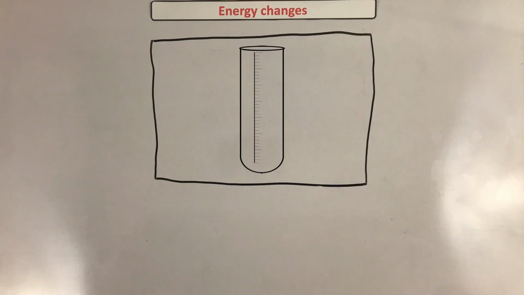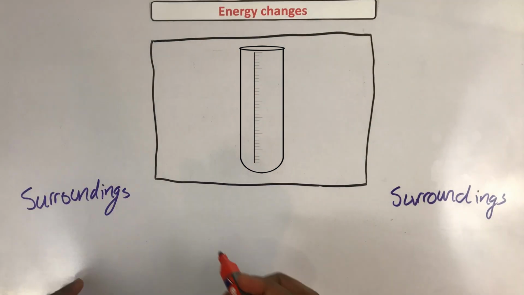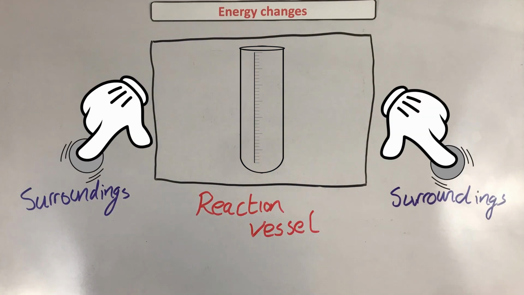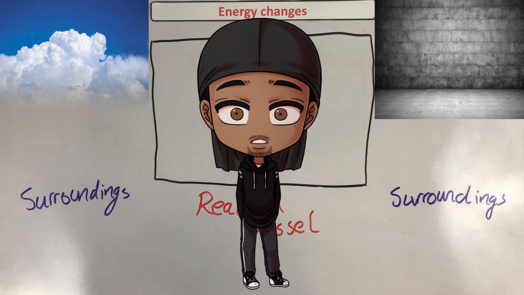When a chemical reaction happens, there are two locations that the energy can move between: the reaction and the surroundings. Everything that isn't in your beaker or the test tube is your surrounding. The air is the surrounding, the walls are the surroundings, your do-rag is the surrounding as well. You get the idea.